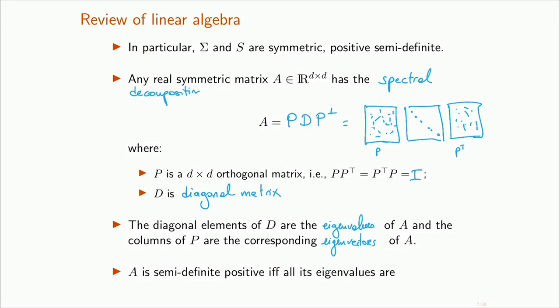If A is positive semi-definite, what do I know about the eigenvalues? That's usually the way we check it. Yeah, they're non-negative. Okay? So if I look at the spectral decomposition of Sigma or S, let's say I just stuff it into MATLAB and I say compute the eigen decomposition, the diagonal matrix I'm going to get only has non-negative entries on the diagonal.